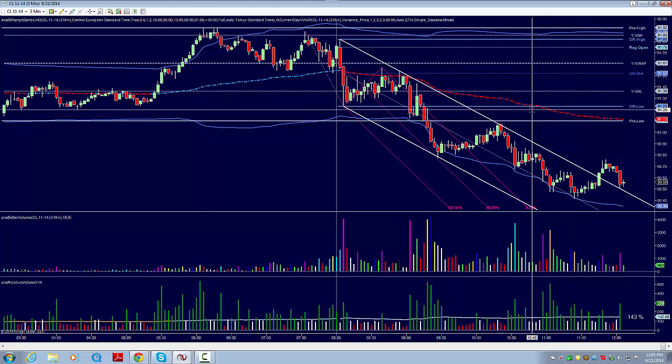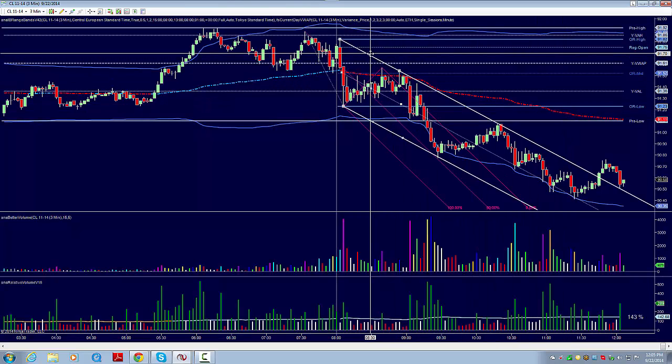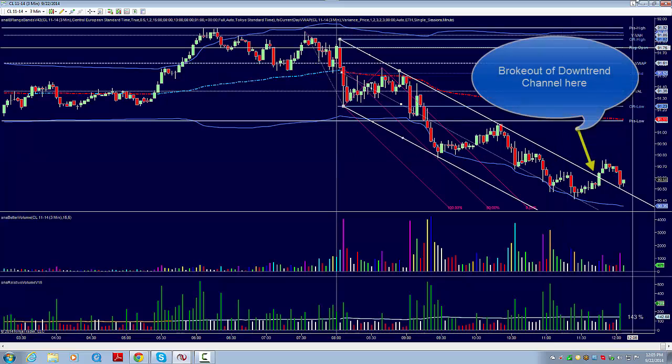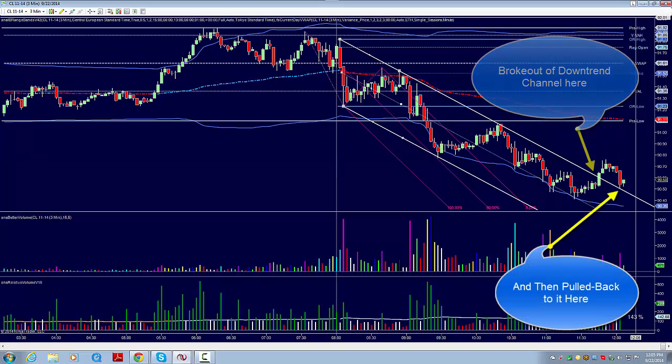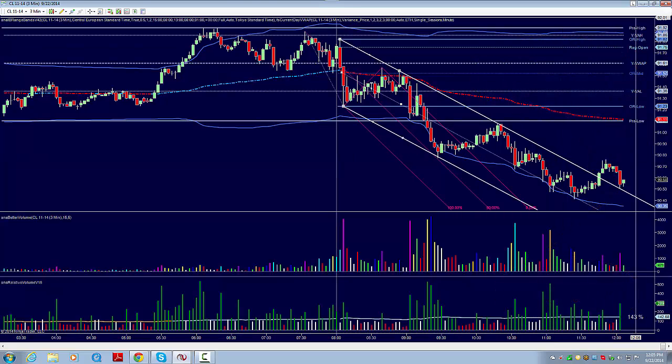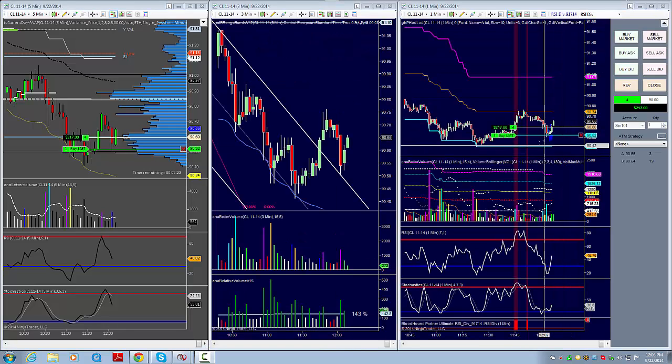So it's broken out and it's pulled back to it. Okay, so I went ahead and got in, realizing it most likely was not going to pull back.